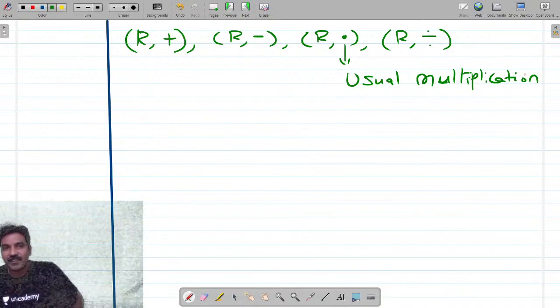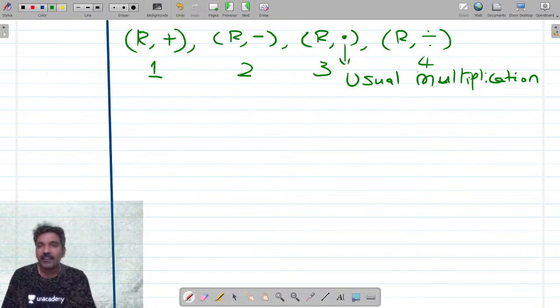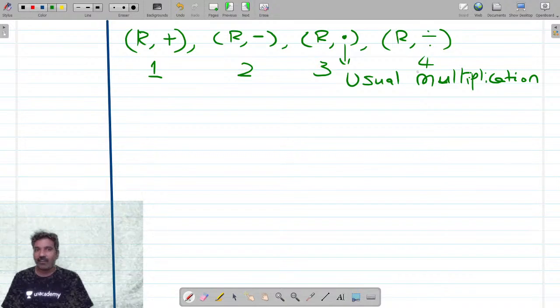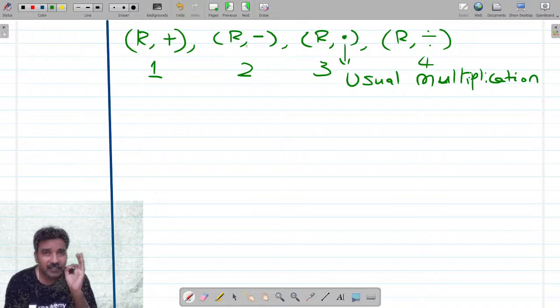This is the first one, second one, third, and fourth. So when you maintain plus, the sum of two real numbers is a real number. The difference of two real numbers is a real number. The product of two real numbers is a real number.